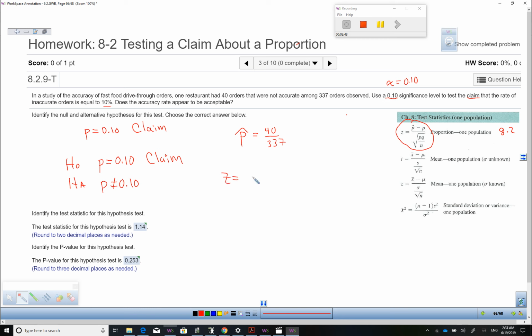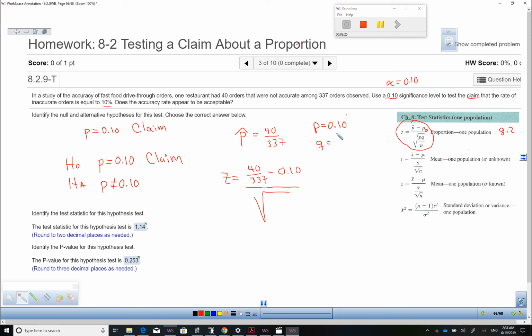z is equal to p hat, which is 40 over 337, minus p, which is the one on the null hypothesis, this one right here. It's going to be 0.10. All this divided by the square root of, again, p and q, the ones on the null hypothesis. p is 0.10, that is the assumed value, and q is the complement of p.